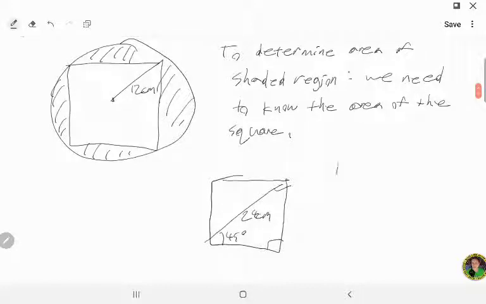Once again, sine of 45 has to equal the height of the square divided by 24 centimeters. And so the height of the square has to be 24 centimeters times, we know sine of 45 is radical 2 divided by 2.